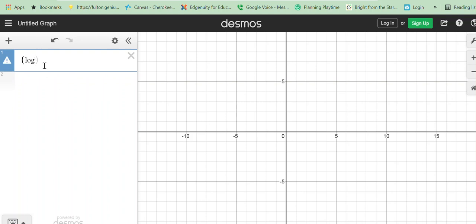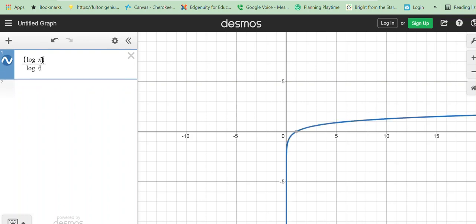I guess that's a teaching moment. I had it backwards. It's log of x because we were doing log base 6 of x. So it's log of x divided by log of 6.